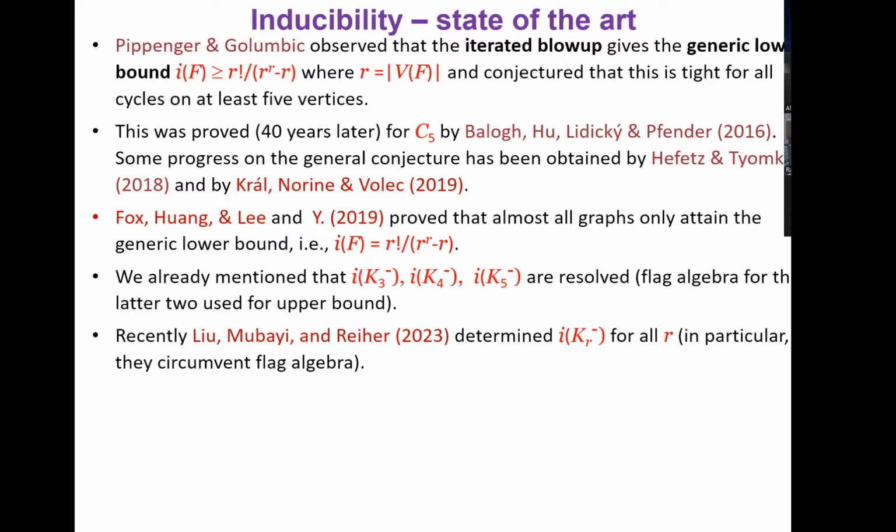For all r. And the point is that they were able to circumvent the use of flag algebra, because flag algebra, when you come to the computational part, you can only do things for graphs which are small. So in particular, their proof circumvents the use of flag algebra. So at least we know the induced density of complete graphs missing an edge. Or if you think about the complement, a single edge and r minus 2 disconnected vertices.